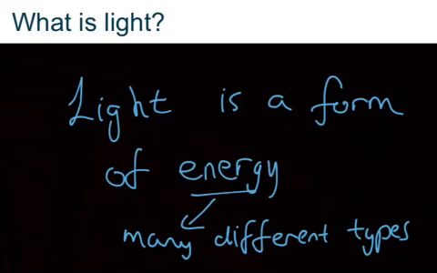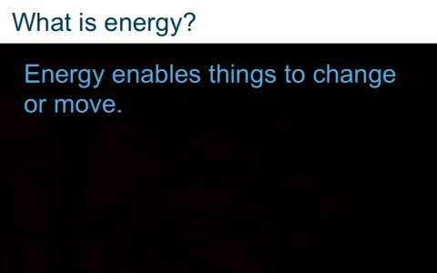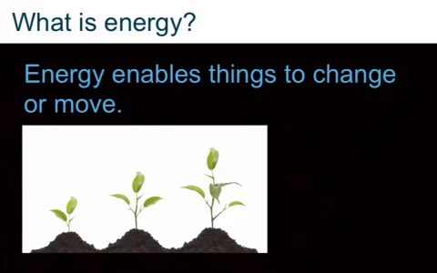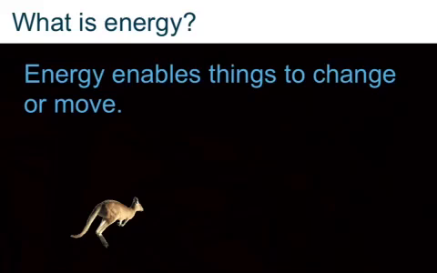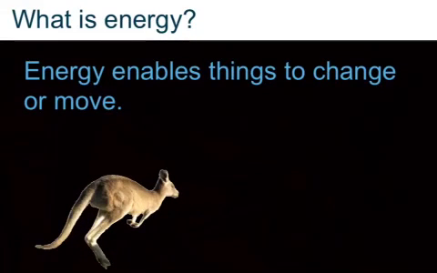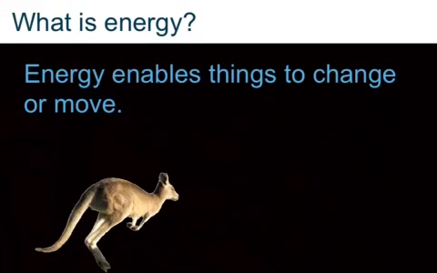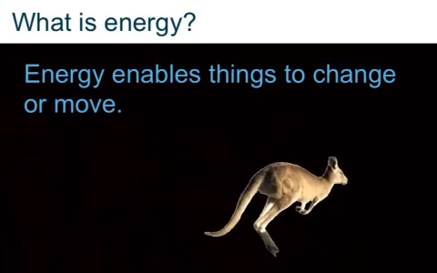And so that brings us to the question, what is energy? Energy enables things to change or move. For example, plants or other living things require energy in order to grow and to carry out life processes. Likewise, animals need energy also in order to grow and to move around.